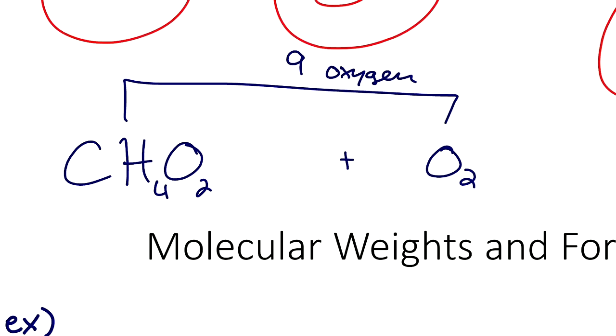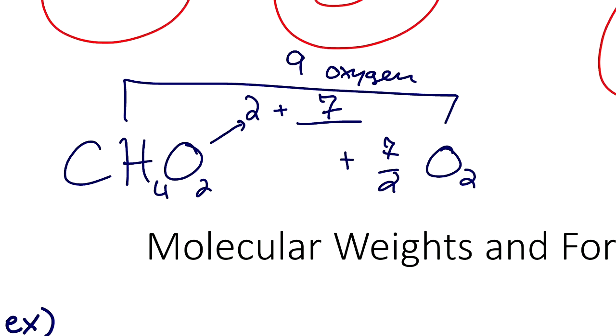What would the coefficient in front of O2 be? Same strategy. How many oxygens are coming from the compound? 2. So how many oxygens need to come from O2? 7. So what's the coefficient in front of oxygen? 7 halves, yes. And if you were balancing everything, you would multiply everything by 2.